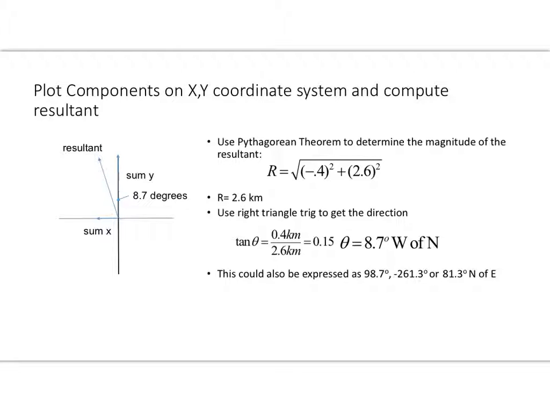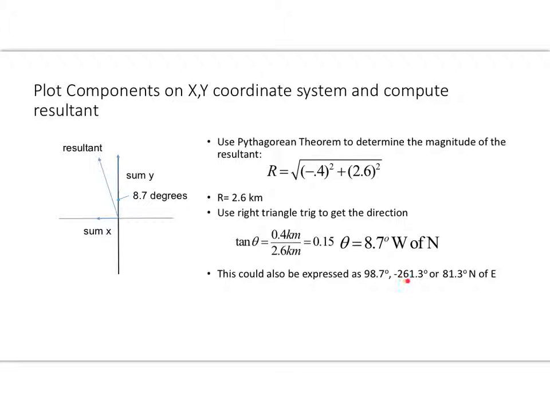A couple of other different ways you could express that. You could express it just as an angle of 98.7 degrees, so that's measured from the x-axis rotating around counterclockwise, so that's 90 plus 8.7, 98.7 degrees.